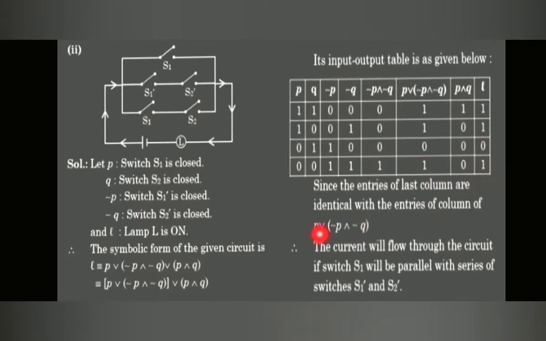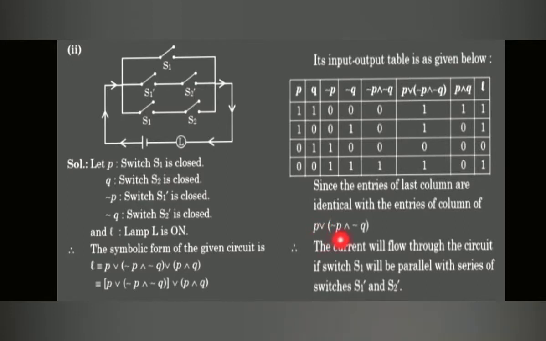Since we write, the current will flow through the circuit if switch S1 will be parallel with the series of switches S1 dash and S2 dash. This is S1. P means S1, and this symbol is or, which means parallel.